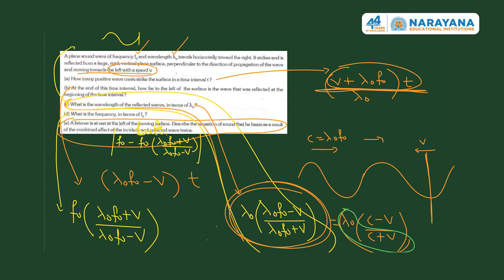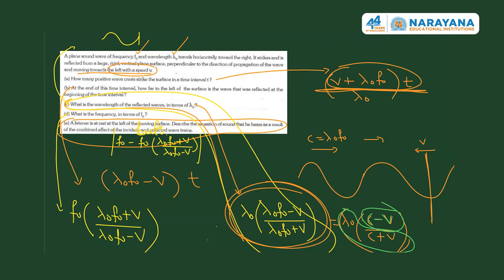Now obviously that pattern is reflected back, so ideally it should have traveled c into this time. But the problem is, while my pattern is coming back, the wall itself is traveling at v. So the distance between the starting and the ending of my pattern, the complete pulse, will get reduced by a factor of c minus v, so basically c minus v into time. That is why that factor c minus v comes, and that is why this factor c plus v comes. Very simple way of observing apparent wavelengths.